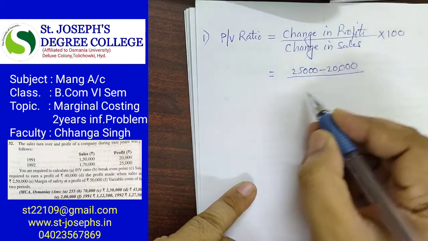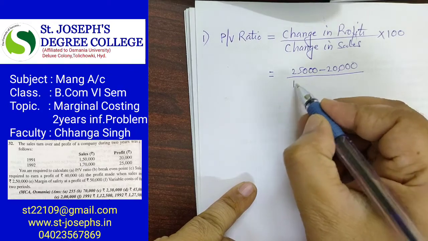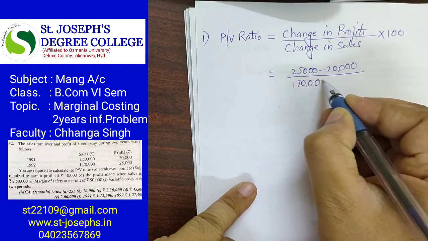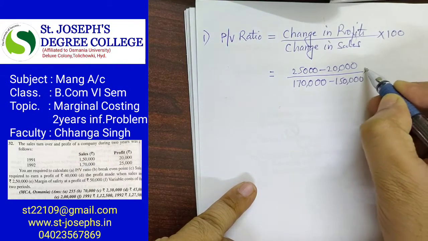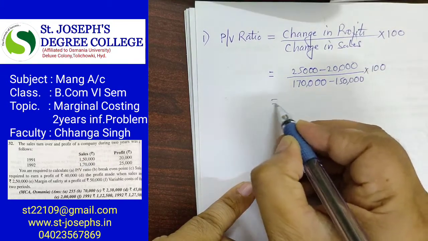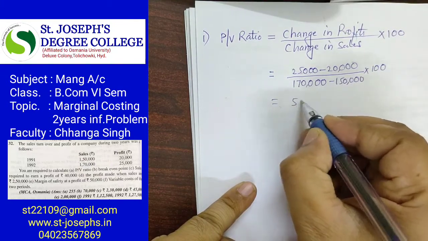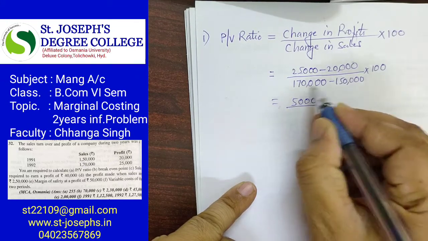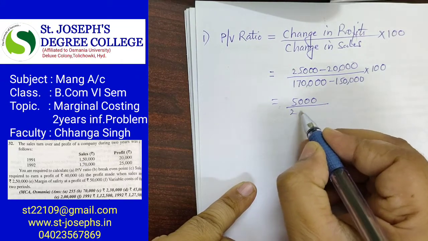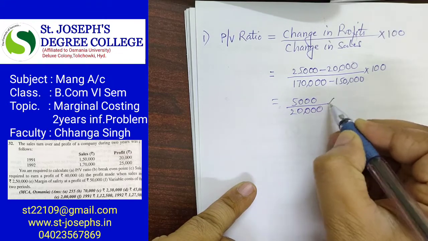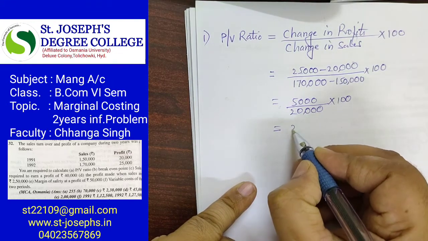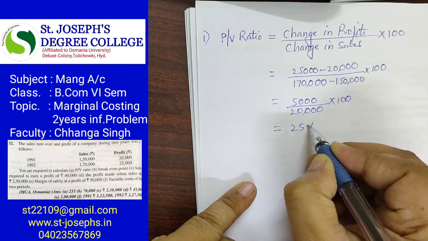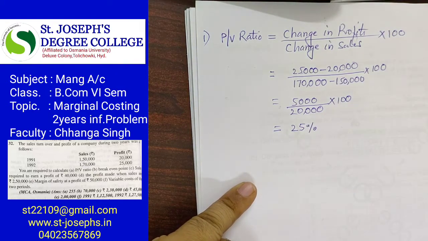In same way, change in sales means 1,70,000 minus 1,50,000. That is 5,000, and difference of sales is 20,000, into 100. That is going to be 25%. It is your PV ratio.